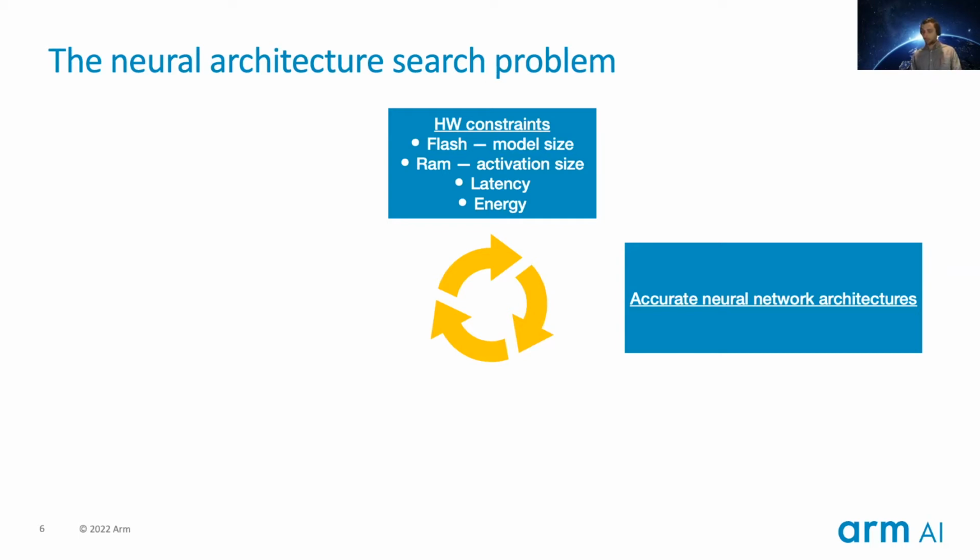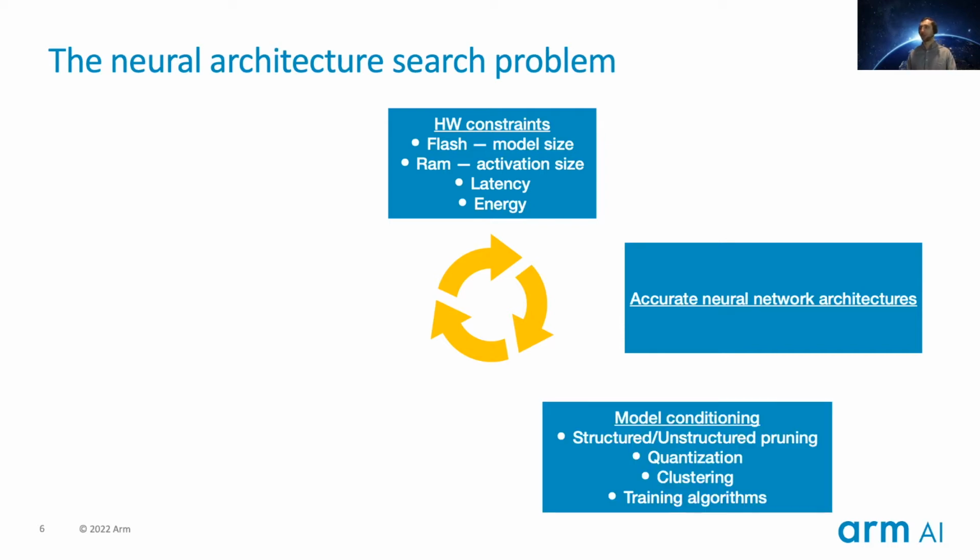Now, the additional interesting thing that we should consider is that we can apply model conditioning algorithms to any neural network architecture to make it more hardware friendly. For example, we can apply techniques like structured or unstructured pruning to make the model smaller, faster, more energy efficient.